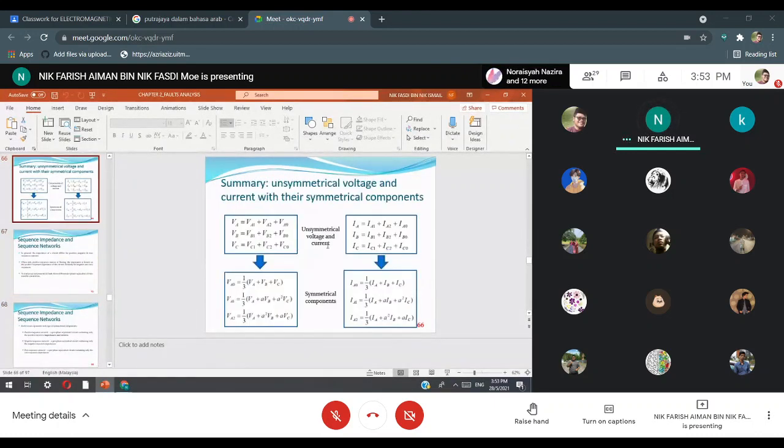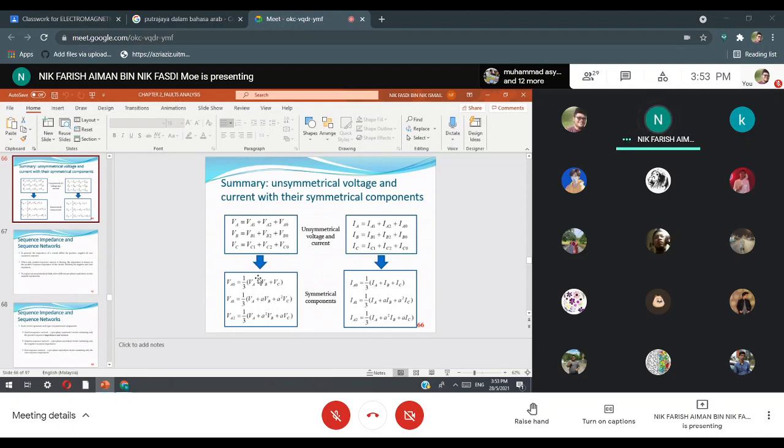Okay, no problem. Unsymmetrical voltage and current with the symmetrical component. So this is unsymmetrical voltage and current, symmetrical component. Okay, can you understand? What you need to understand is basically the symbol. If we put for example VA, VB, VC, what is this?